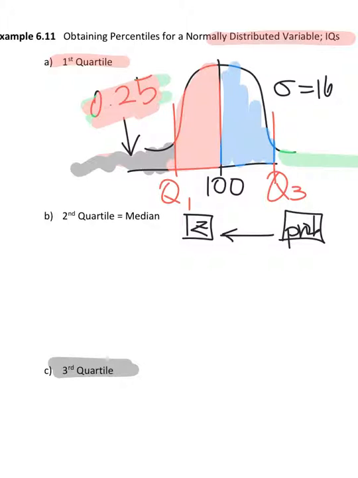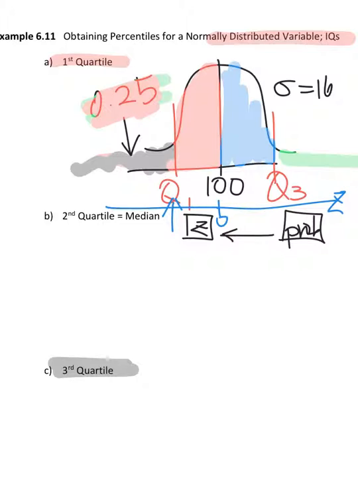Do you expect the z-score will be negative or positive? The z-score was based on the standard normal distribution, right? How much was the mean on the standard normal distribution? 0. The middle value was 0. But we need the z-score for Q1. So do you expect a negative z-score or positive z-score?